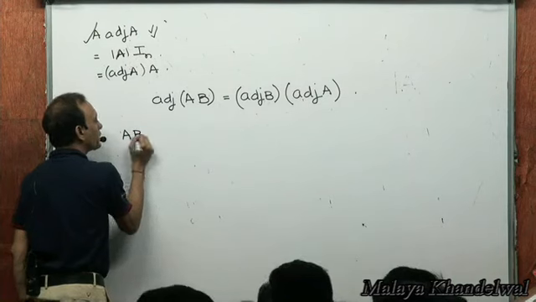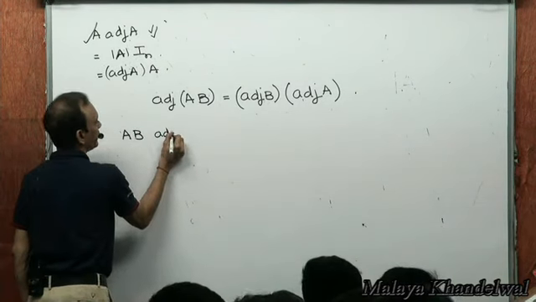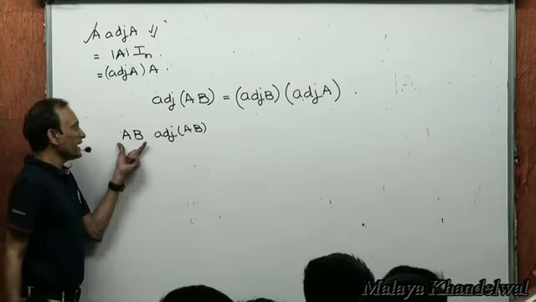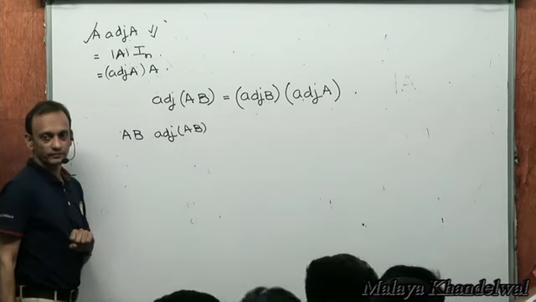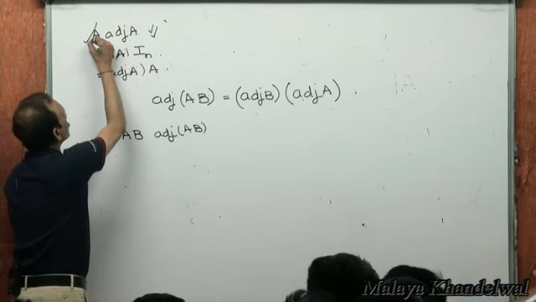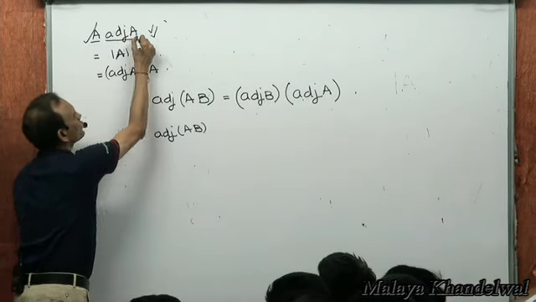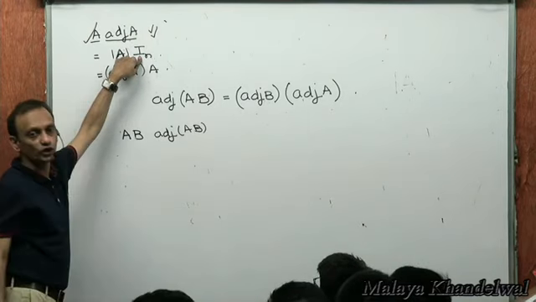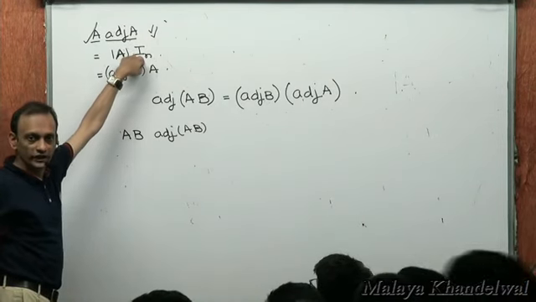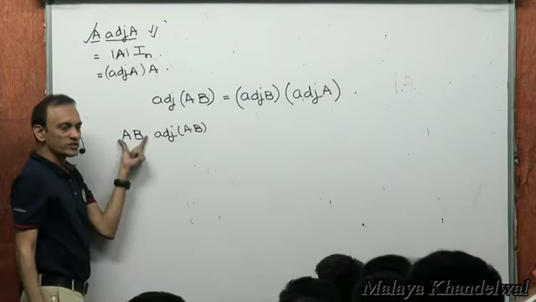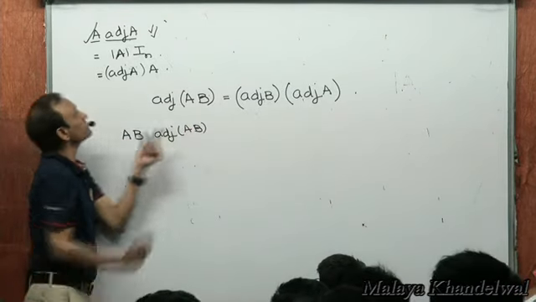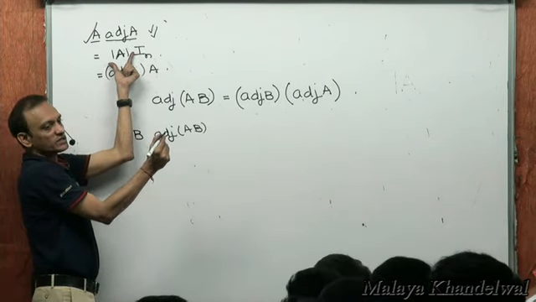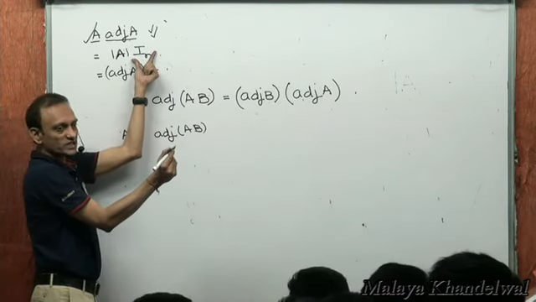Now, let me look at this AB, adjoint AB. Just look at this. AB into adjoint AB. A matrix into adjoint of that matrix. What is that? Determinant of that matrix into a unit matrix of order n, right? So a matrix into adjoint of that matrix would be determinant of that matrix into a unit matrix of the same order.